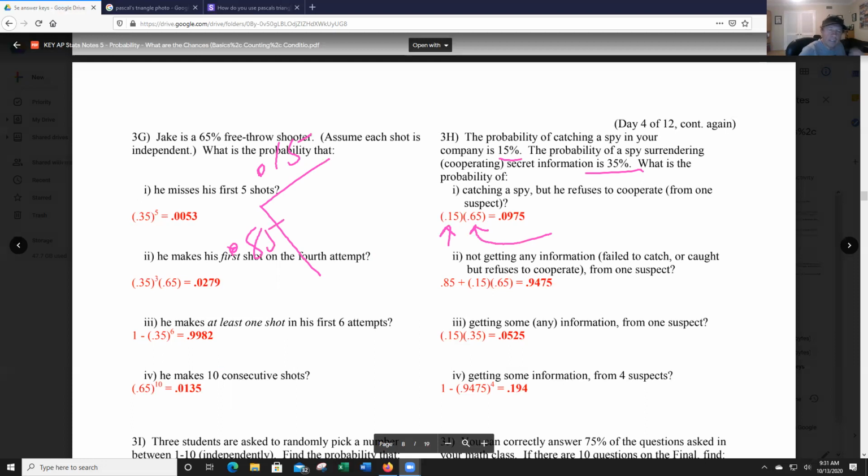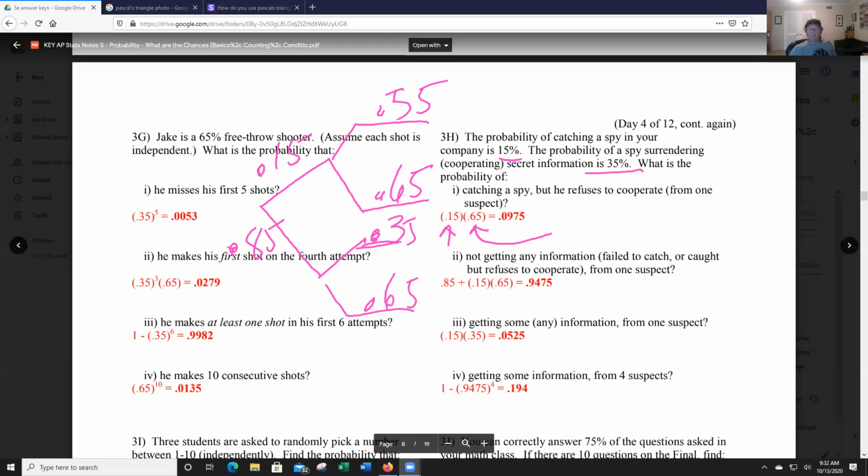So this is catching the spy and not catching the spy. If you catch the spy, two things can happen. They can give up information, or they can not give up information. If you don't catch them, of course, they won't give up any information. There's your tree diagram on that one.